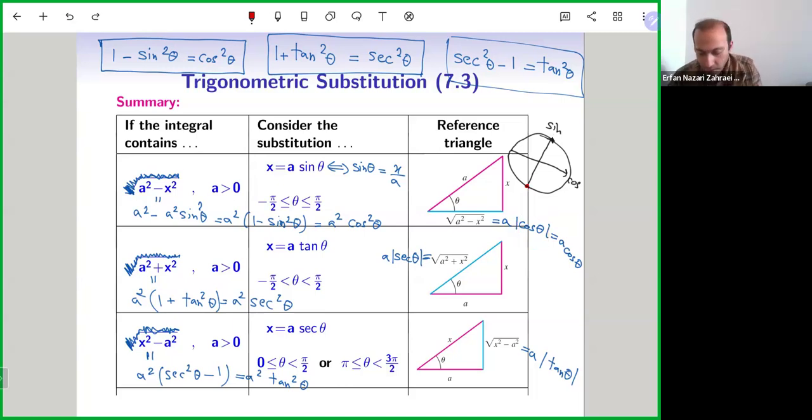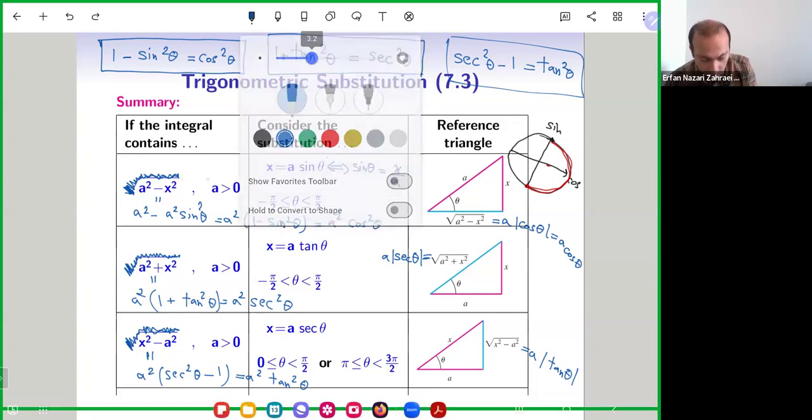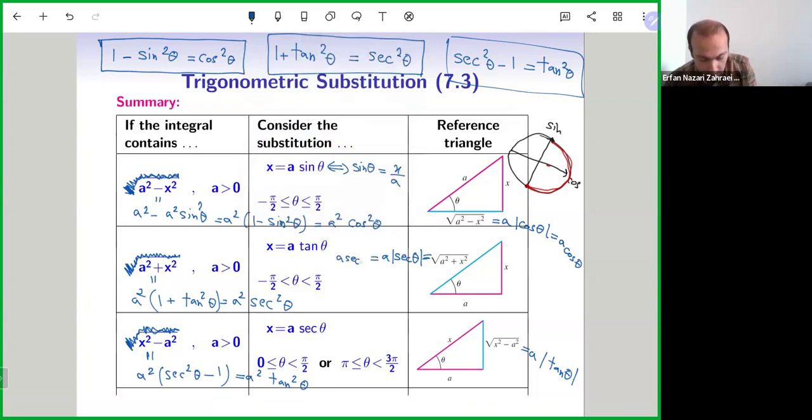These are just 0. So what happens here? I have secant, which is 1 over cosine, so the sign of secant is the same as cosine. When I'm here, cosine is positive, 1 over cosine is positive, secant is also positive. So this is actually a secant. I don't need the absolute value.